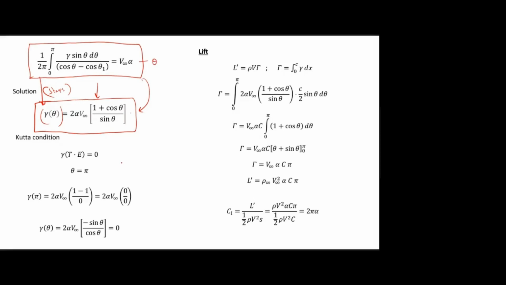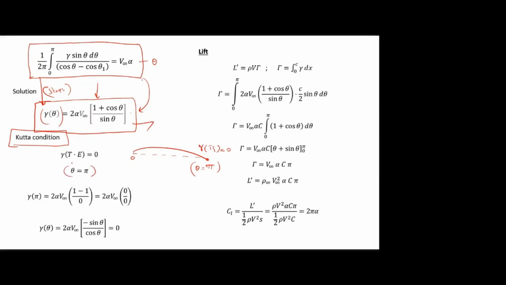Okay, so now we have the small gamma. Second, we have to check whether this gamma satisfies the Kutta condition or not. The Kutta condition means that at the trailing edge, the strength should be 0. We already converted this into the theta coordinate, where theta varies from 0 to pi, so theta at the trailing edge is pi.